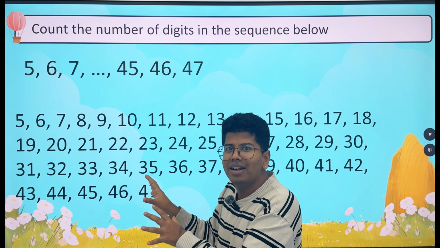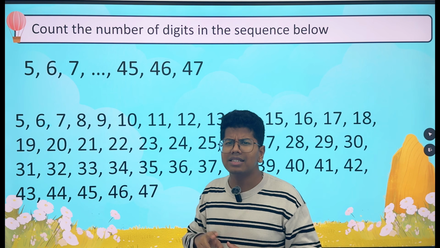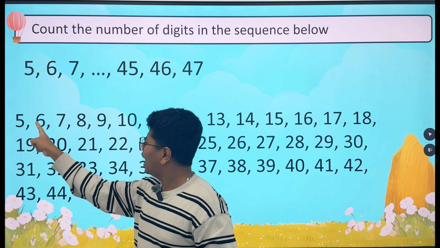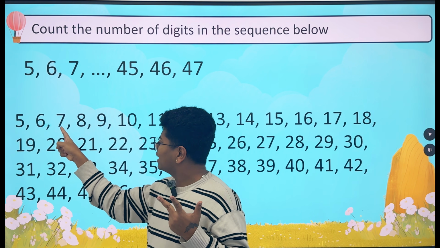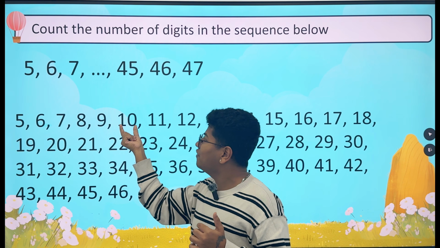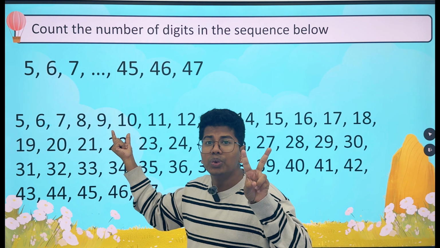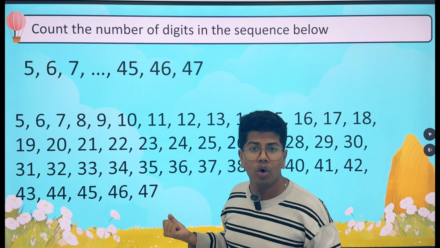So, let's try to understand from these numbers. When we have a look at these numbers here, 5, 6, 7, 8, 9, one digit each, here there are 5 digits. But after this, every number has 2 digits. 10, 11, 12, 13 and so on.